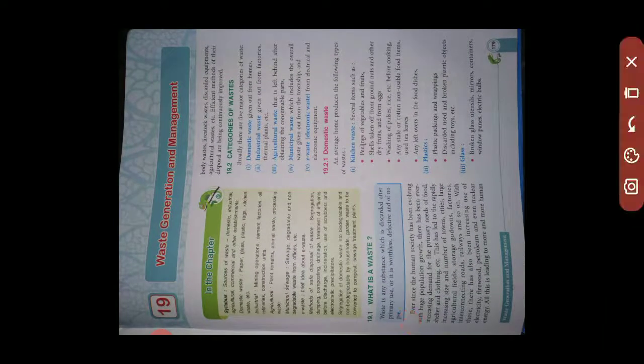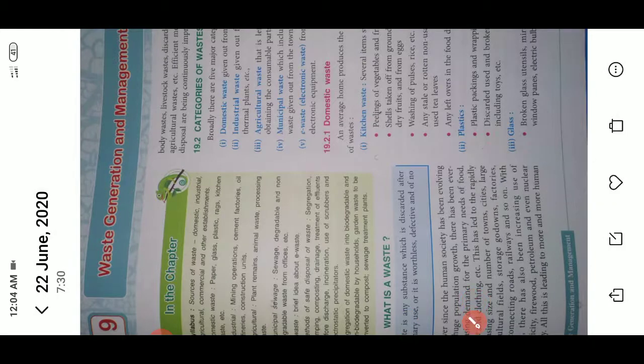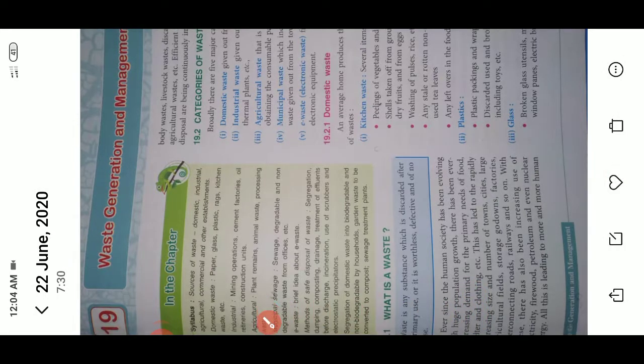Here, waste is any substance which is discarded after primary use, or it is worthless, defective, and of no use. That's why this is called waste, which is generally of no use. Now students, you can see, ever since human society has been evolving, there has been huge population growth and ever increasing demand for the primary needs of food, shelter, and clothing.